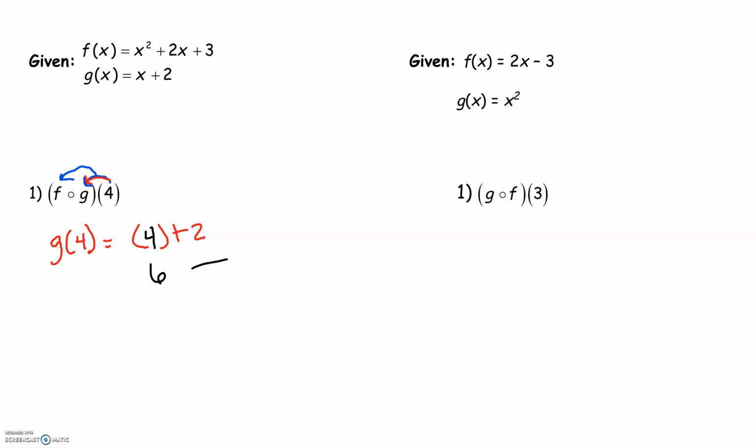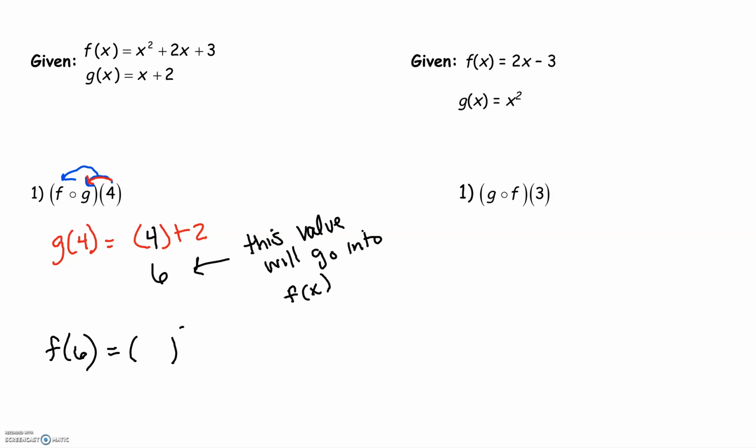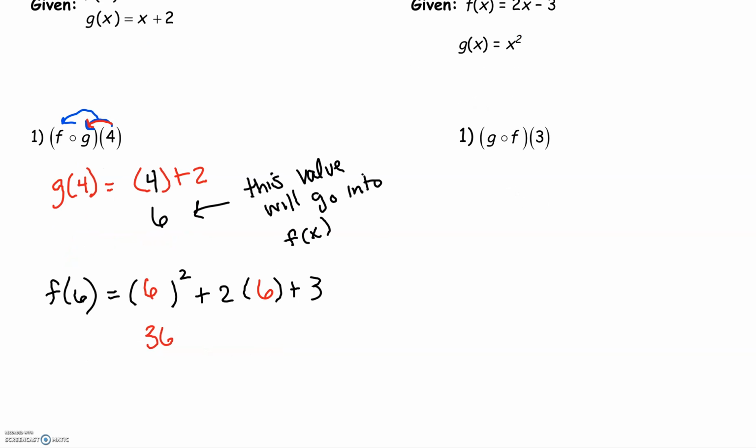So now this value will go into the f of x. Plug this one in. So it's going to be f of 6. And that looks like parentheses squared plus 2, parentheses plus 3, and we're plugging that 6 in. So 6 squared, 36. 2 times 6 is 12, plus 3, so add all that up from left to right, 51.